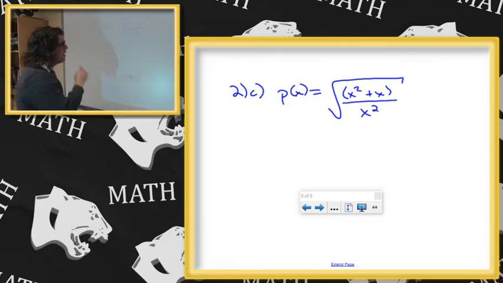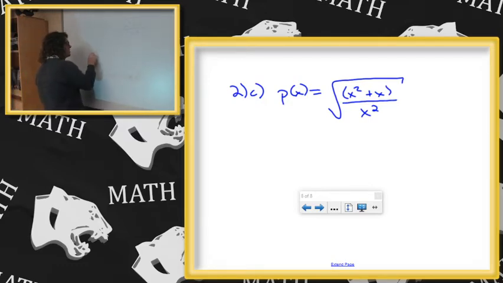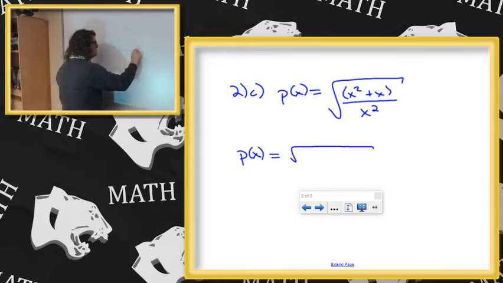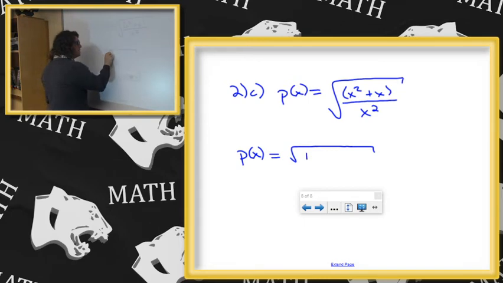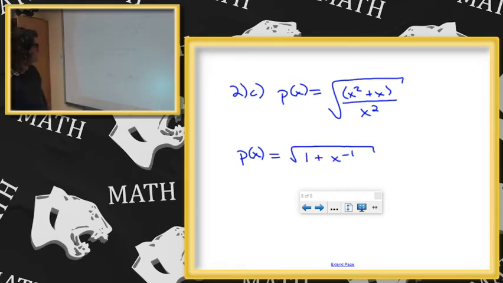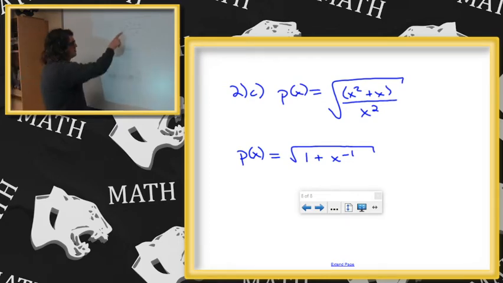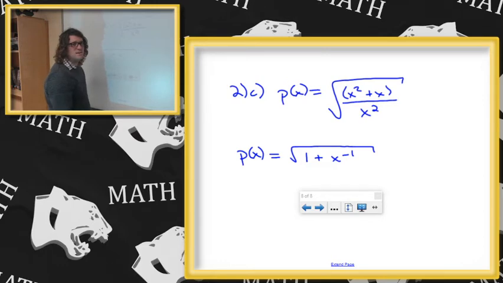Okay, so I'm a big fan of trying to simplify things before you get started, if you can. And I think, from an algebraic point of view, that this is going to be simpler to take the derivative of.